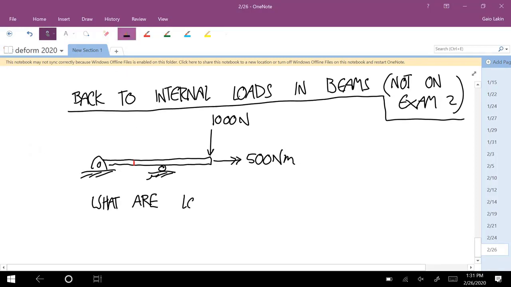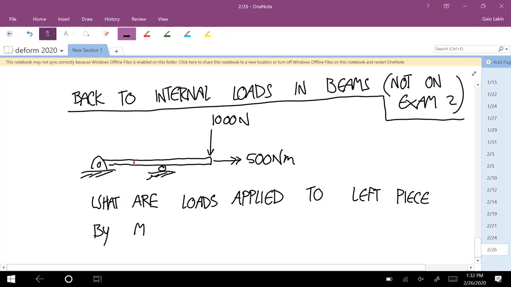What are the loads applied to the left piece, left of that red line, by the material on the right?